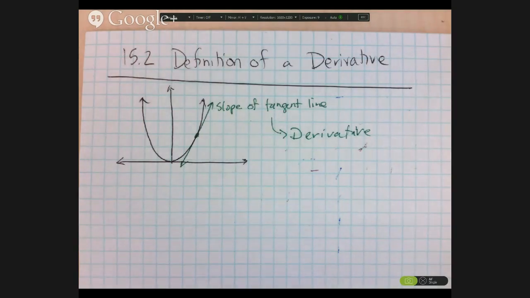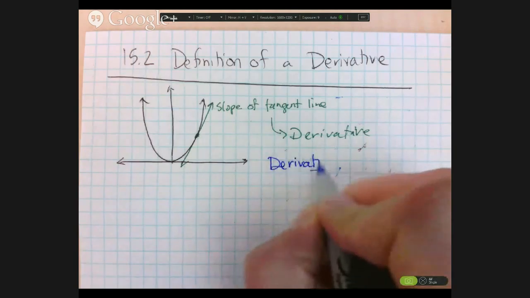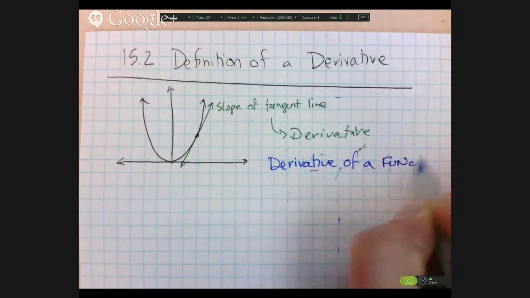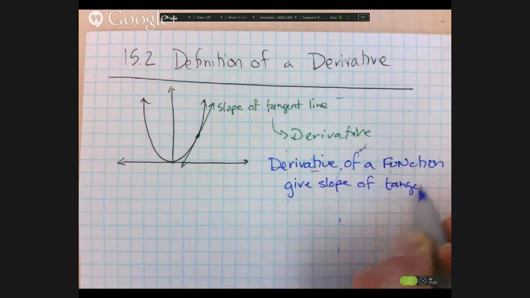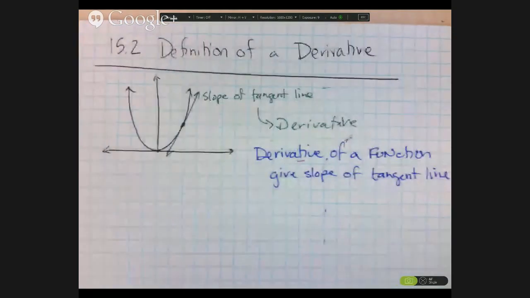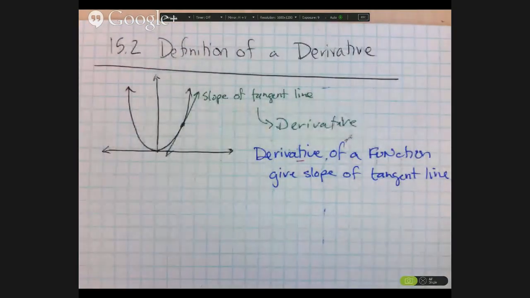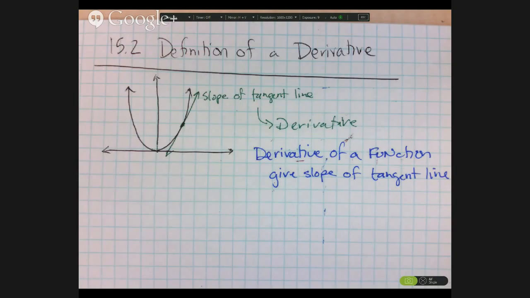All right? So finding the derivative of a function gives you the slope of the tangent line.